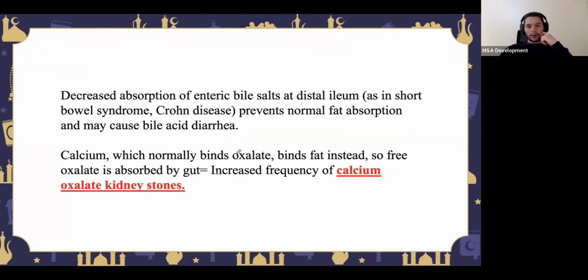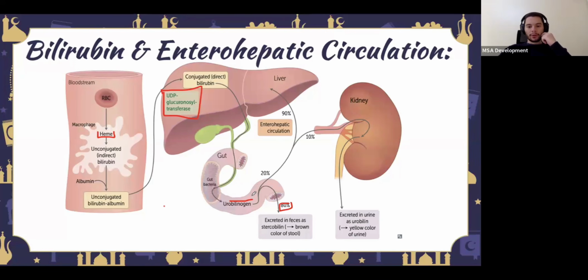So really quick talk regarding bile absorption and the enterohepatic circulation. As already mentioned, a percentage of bile gets recycled back to the liver. But there are certain conditions where this pathway is affected. Usually bile gets absorbed at the terminal ileum, and in certain conditions such as short bowel syndrome and Crohn's disease, where there is a problem in your terminal ileum, you are unable to absorb the bile.